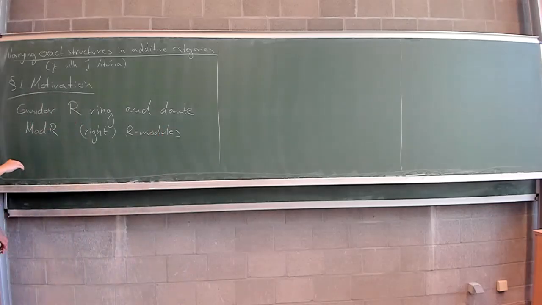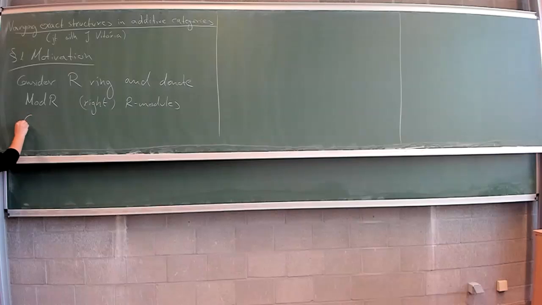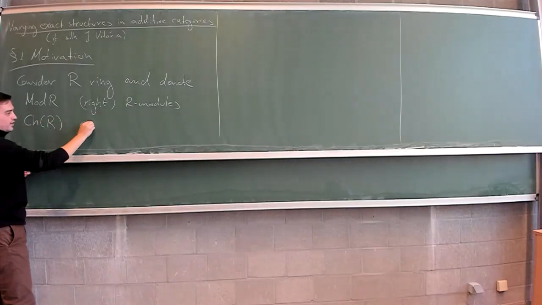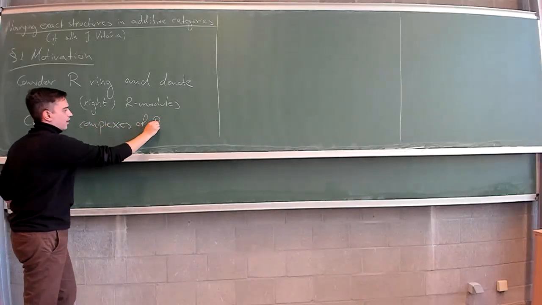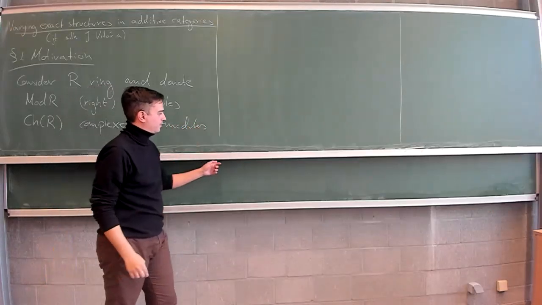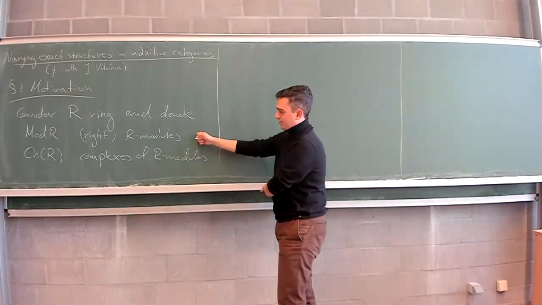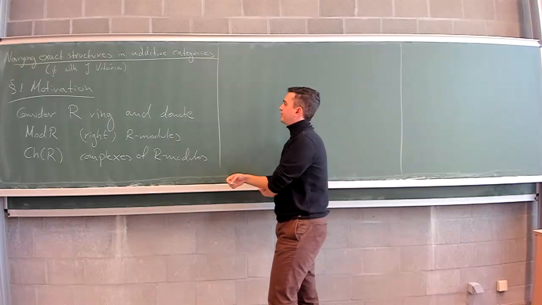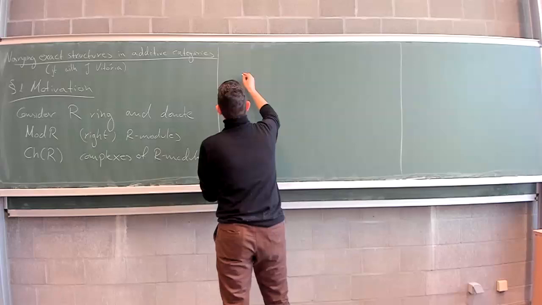I'm not going to mention right ever again. So if it is on the right, it's right. If it is on the left, it's left from now on. And with this, I'm going to denote complexes of R-modules. Okay. So this is an additive category. This is an additive category. This is also an additive category. Okay. And in this additive category, we can consider two different exact structures.